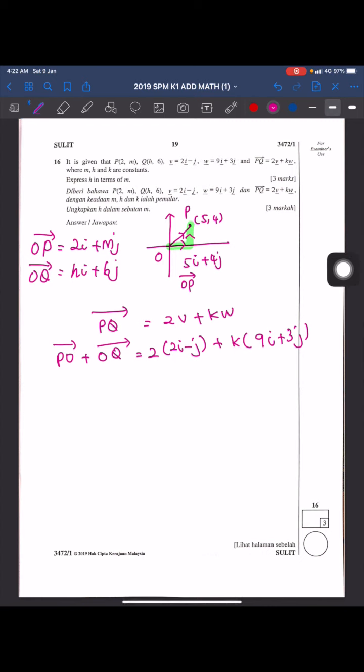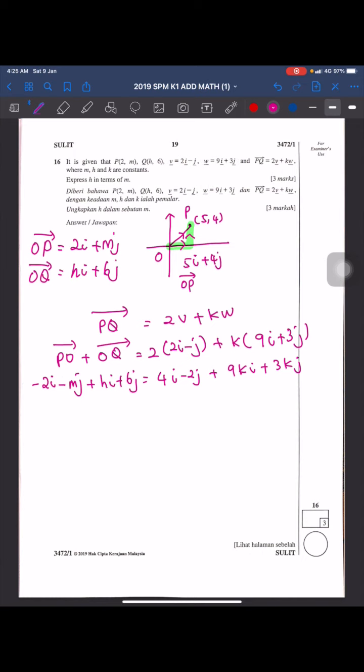So, kita inversekan sahaja, kita akan dapat negatif 2i minus mj, plus OQ is hi plus 6j, sama dengan, saya expand, 4i minus 2j plus 9ki plus 3kj.